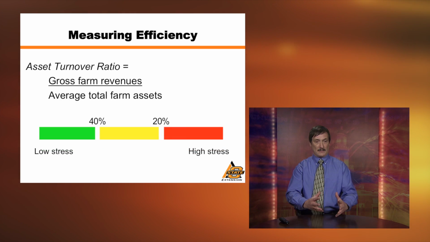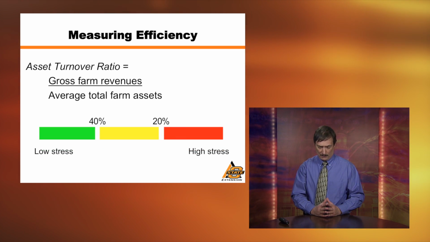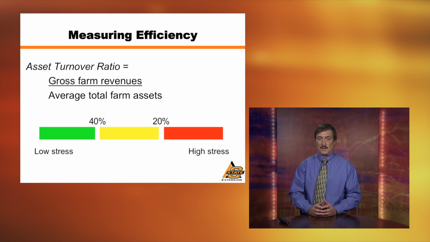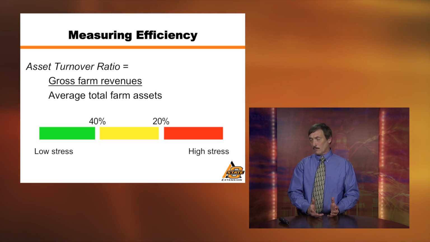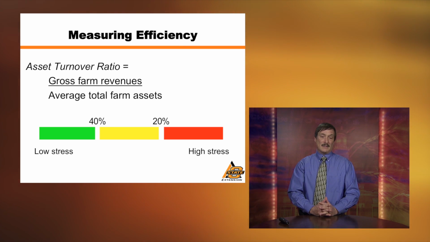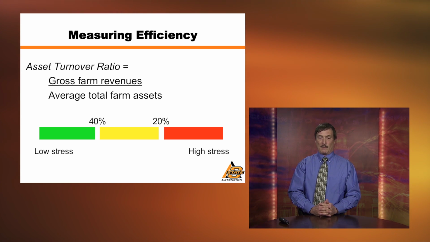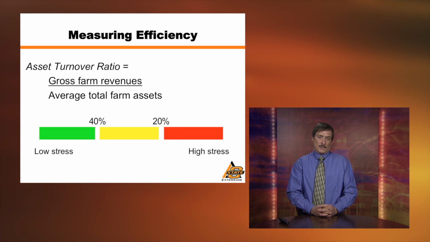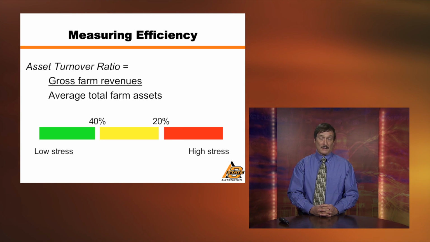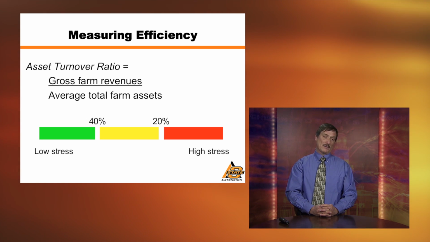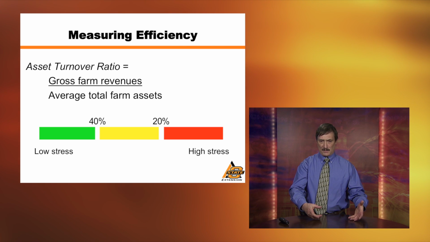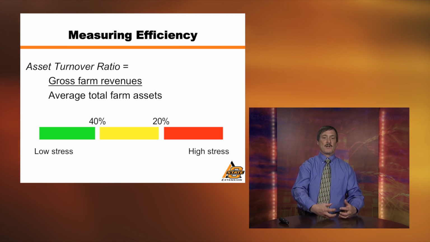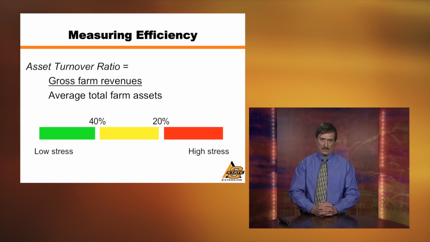Another one that I like to use, very commonly used in agriculture and in other businesses, is the asset turnover ratio. That's gross farm revenue, gross farm income divided by the value of the farm asset base. In agriculture, we consider anything above 40% to be a good asset turnover ratio. Anything below about 20% probably means that you have too many dollars worth of assets and or you're not generating enough revenue using those assets.